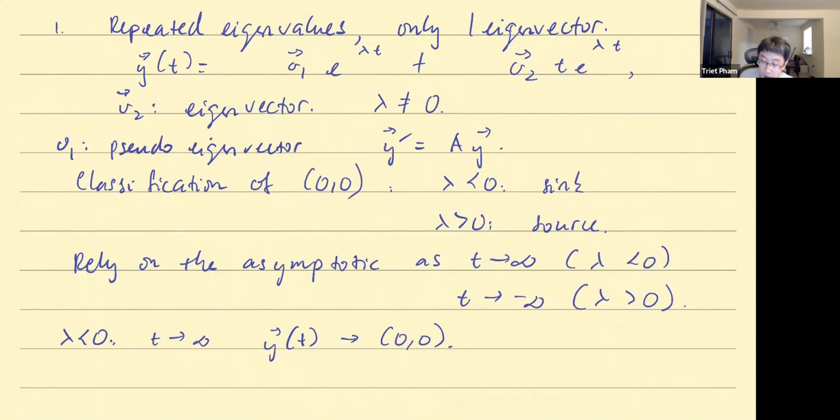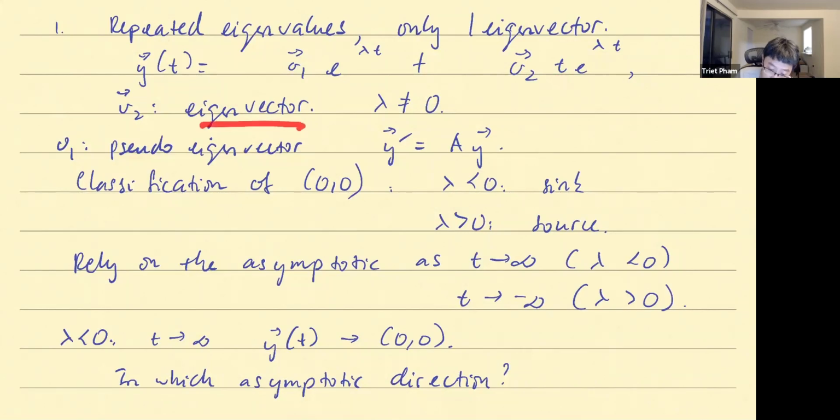On the other hand, how does it go to 0? In other words, in which asymptotic direction? That is the question we want to ask, just like the case with distinct eigenvalues. And here it's kind of clear. It's actually good luck that the t term falls on the eigenvector, because the eigenvector is a straight line solution, while this is not.